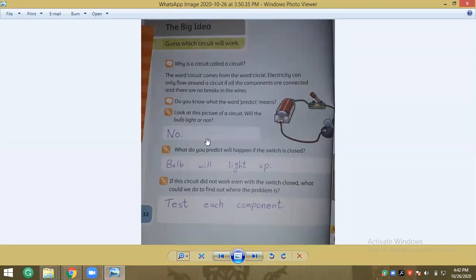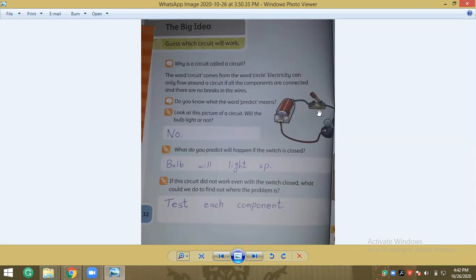Page 32, please. The word circuit comes from the word circle, which means circle, daira. Electricity can only flow around a circuit if all the components are connected. But there is no connection because there is a gap.